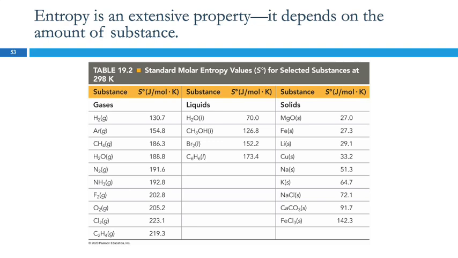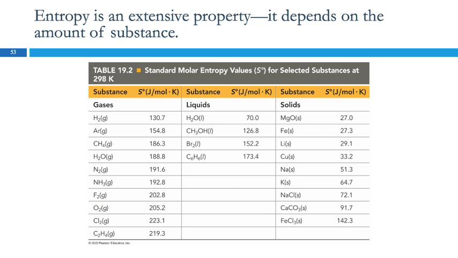Entropy is an extensive property, just like enthalpy. It depends on the amount of substance. So when you talk about enthalpy, the example in 1A a lot of times was burning octane, right, in gasoline. So you burn a little bit of gasoline or you burn a lot of gasoline. Does that change the amount of heat that you give out? Yeah, right?